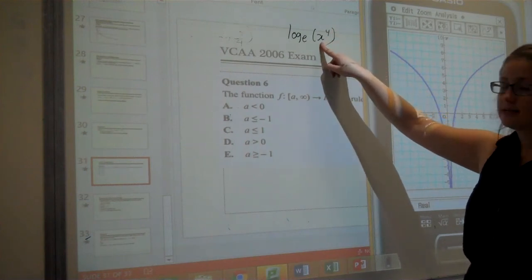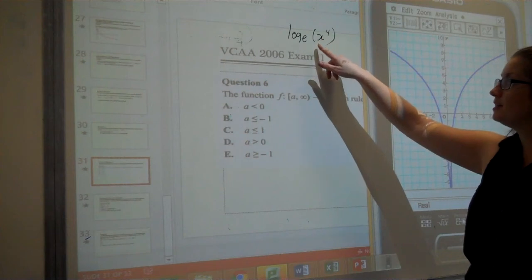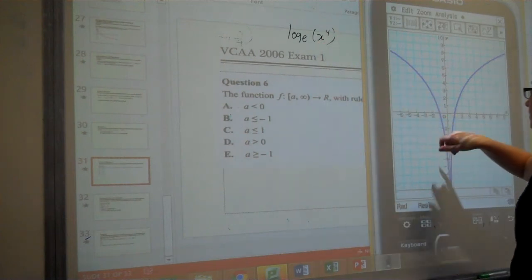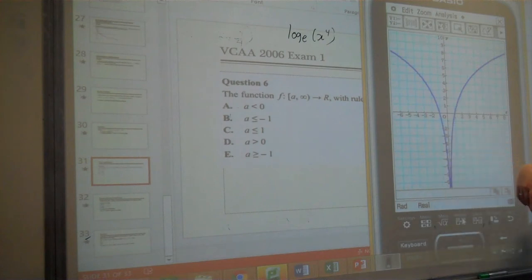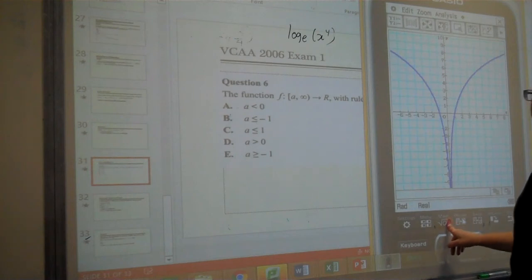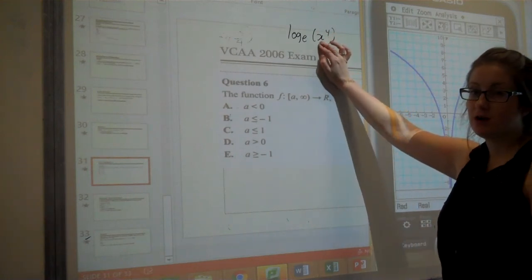Any value I substitute in here, -1 to the power of 4 is equal to positive 1. So what we're getting here are values that are defined for every value, except, of course, where x is 0, because we cannot have log of 0. We can't have log of a negative either, but in this case, we never are going to have log of a negative.